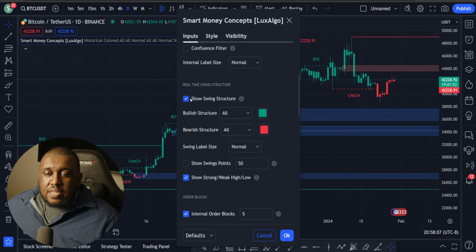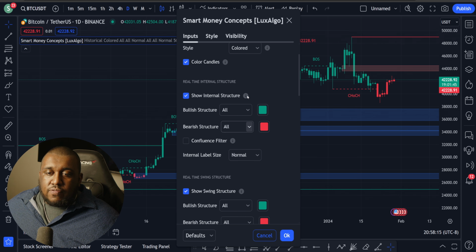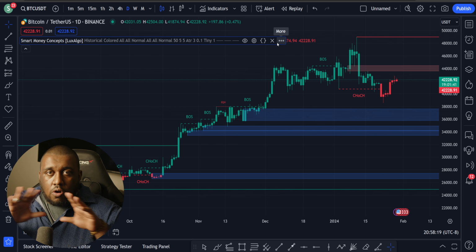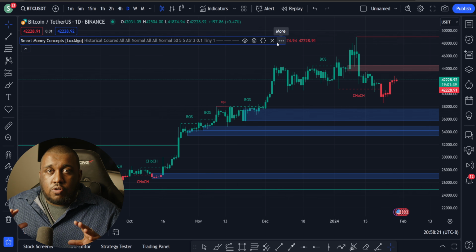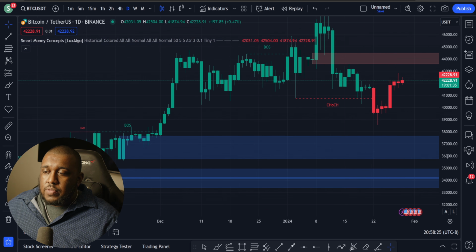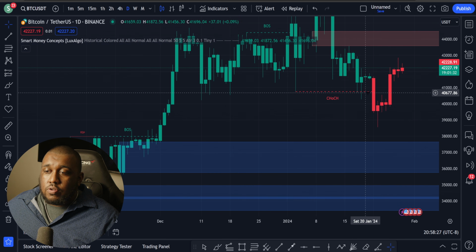All right. Next up, we're going to go over here to real-time swing structure. Show swing structure. This is basically just saying display swing market structure. The difference between internal structure and swing structure is swing structure are the solid lines, internal structure are the dotted lines. So when I zoom in right here, this is an internal structure.